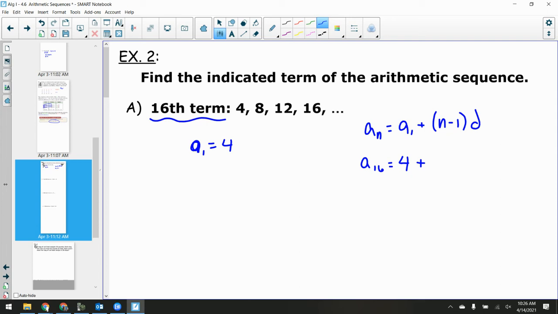What term am I looking for? 16. N is 16. N is always the number of the term you're looking for. So it's 16 minus 1. I realize that's 15, but I'll do that in a second. And then D. Now, what is D in this arithmetic sequence? 4. 4 to 8, 8 to 12, 12 to 16. D is 4.